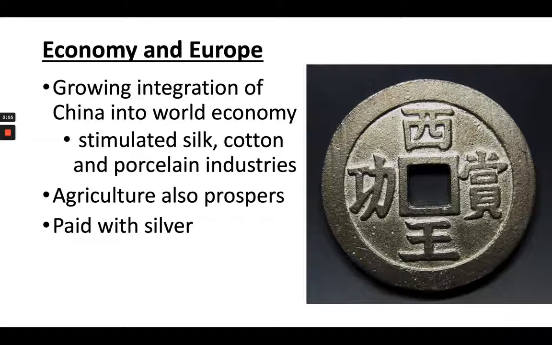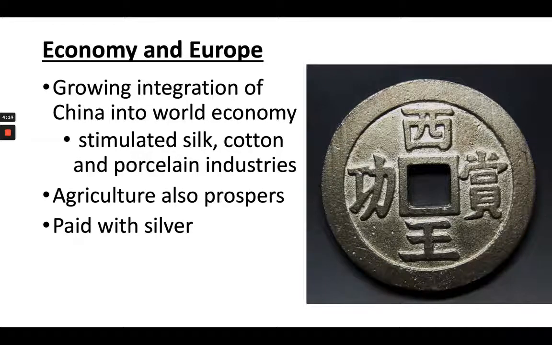So with the discovery of these massive mines in the Americas, suddenly Europe has something to offer that Asia wants, specifically silver. So a lot of these goods will be bought with silver from Spain.